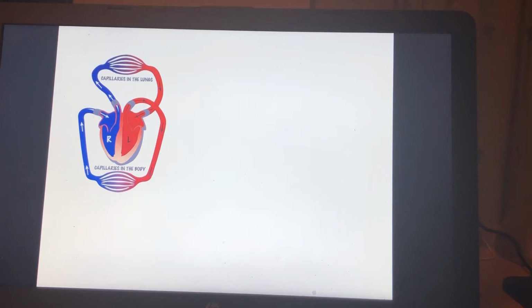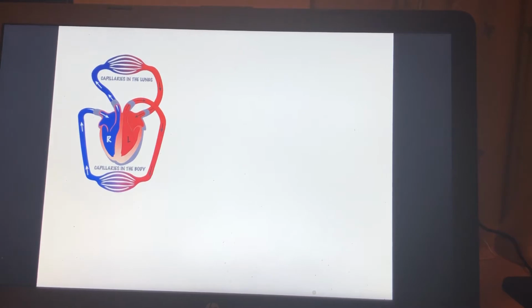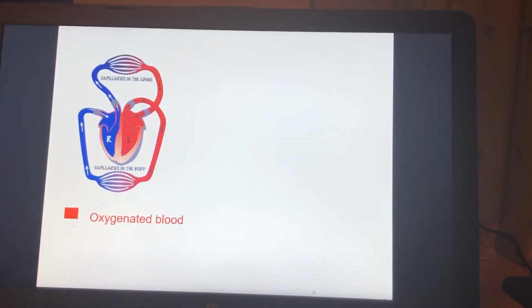Now, you've noticed that one side has got blood that's coloured in red and the other side is blue. And you might remember that red usually represents oxygenated blood. So if we look, it changes from blue to red when it passes through the lungs. So we learnt earlier in the year before Christmas about how in the alveoli, the oxygen diffuses into the blood.